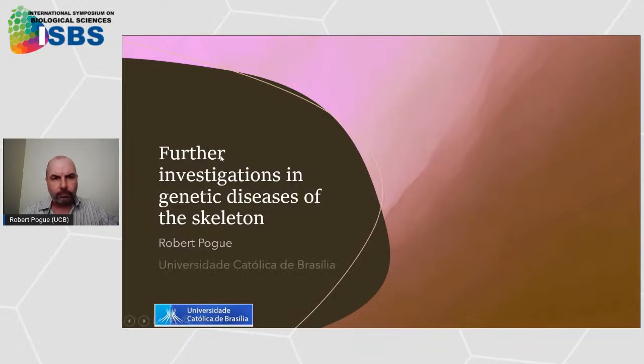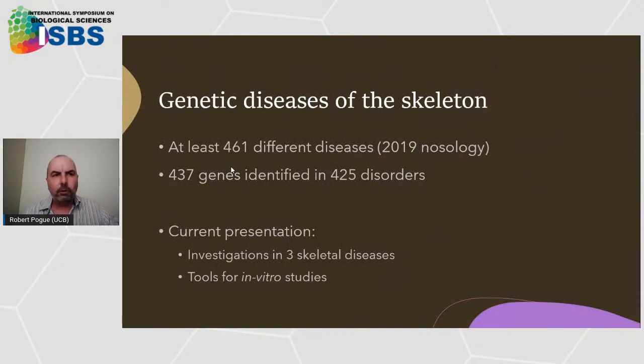And so what I'm going to focus on here is within the large group of diseases that we call genetic diseases of the skeleton. If you look at the most recent nosology, which is a publication describing the different diseases, the categorization, and the genetic bases, there are at least 461 different known diseases that cause malformations and problems with growth of skeletal elements.